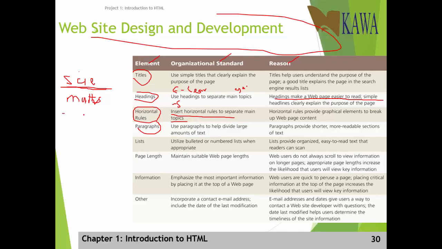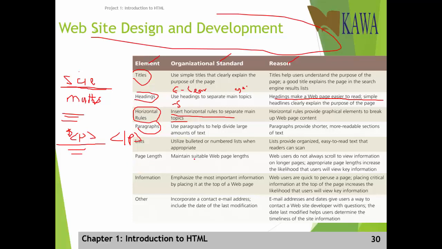When you are going to the next paragraph, that's where you specify the paragraph tag, to create a space so the user can start on a fresh paragraph and read easily.